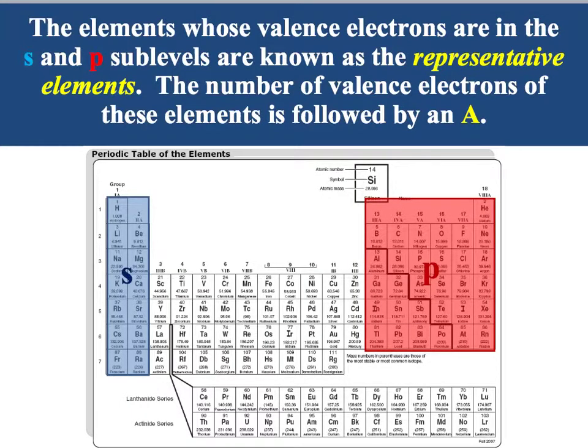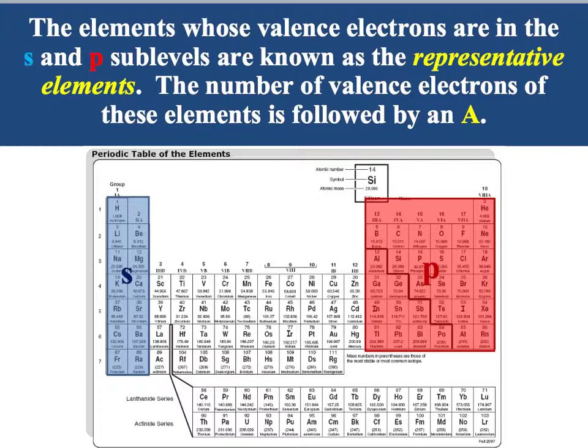So the elements whose valence electrons are in S and P, remember we said S is one sublevel and P is the other. S can only hold 2 and P can hold 6. These are known as our representative elements. So elements filling their S and P sublevels are representative elements.